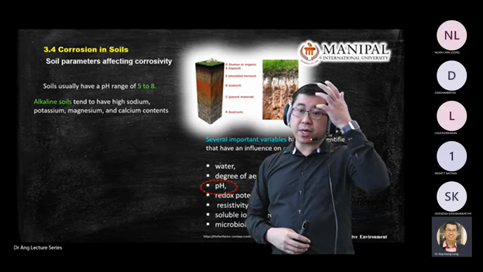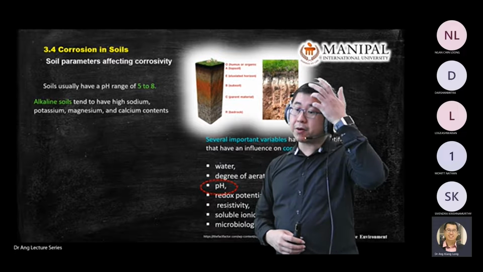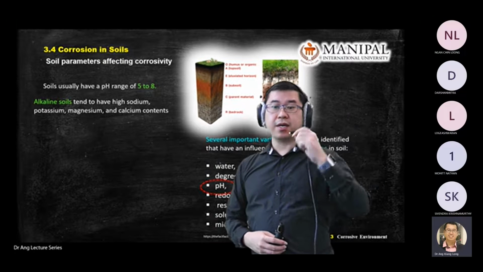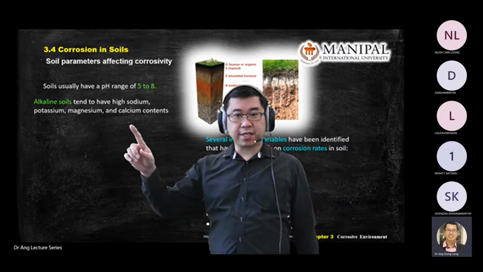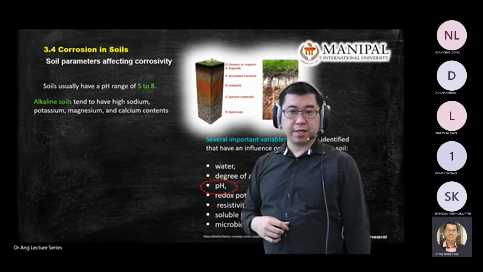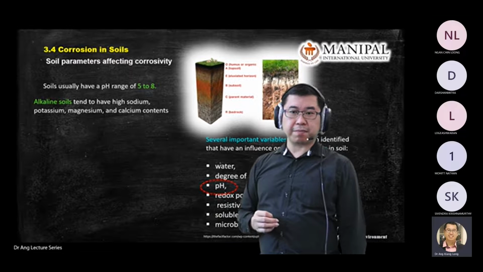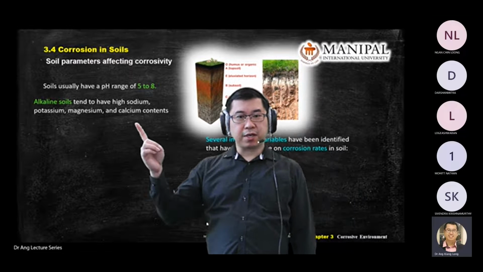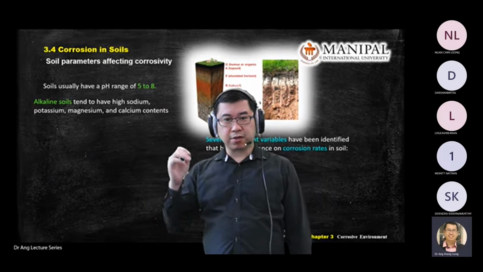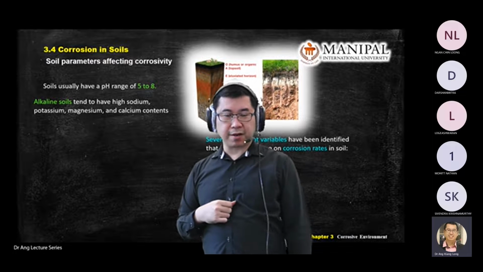It's quite interesting how people find limestone around an area: they test the pH of the ground. If you want to find limestone, you look for the pH because limestone consists of calcium.